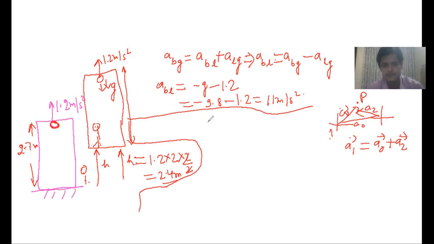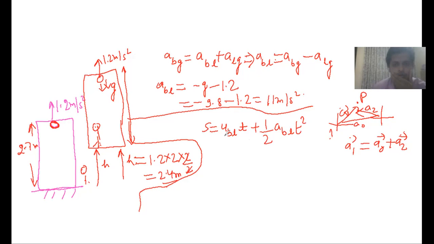So I can write the displacement equation: s equals u of bolt with respect to lift into t plus half of a of bolt with respect to lift into t square. And this t we need to find.